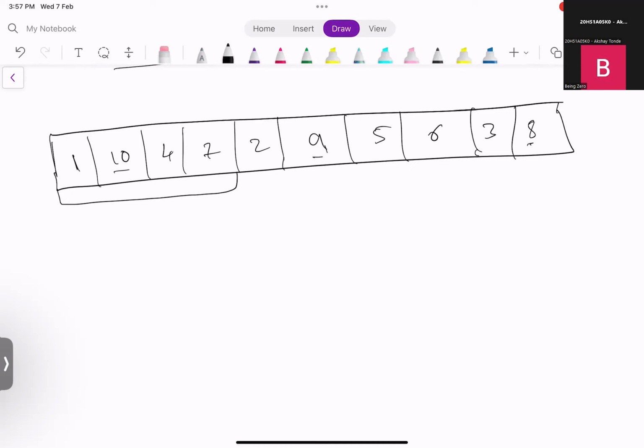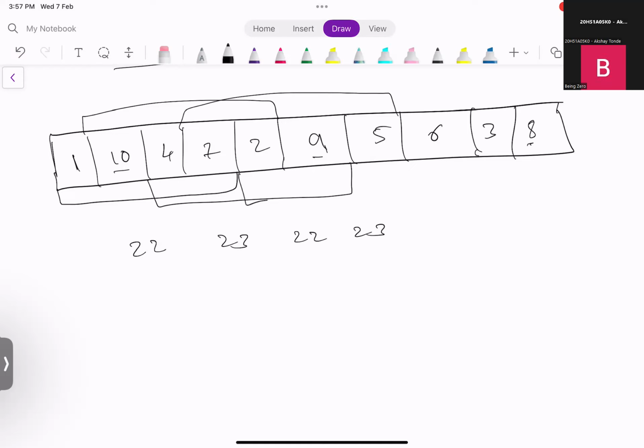So here we'll get 11 plus 11, 22, right? Here we'll get 23. Here we'll get 22 again. Then 23. Then 22.